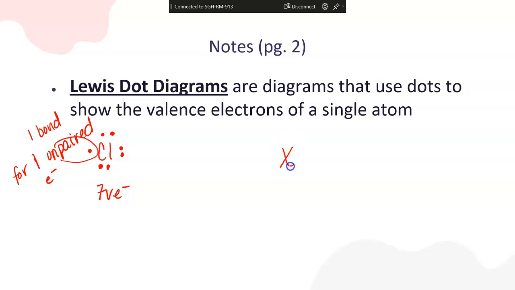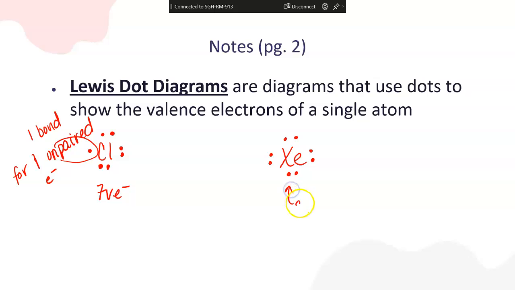What if we had xenon? How many valence electrons does xenon have? 8. So 1, 2, 3, 4, 5, 6, 7, 8. What's the most number of electrons you could have in a Lewis dot diagram? 8. Okay.